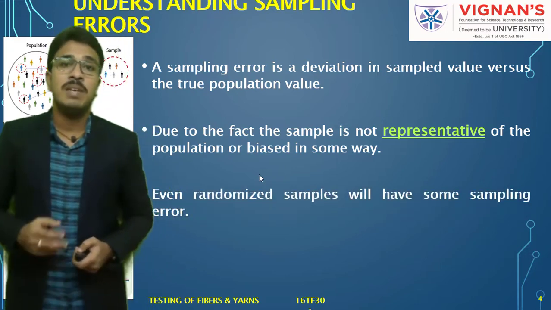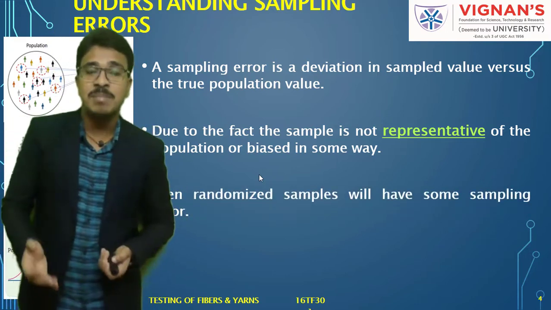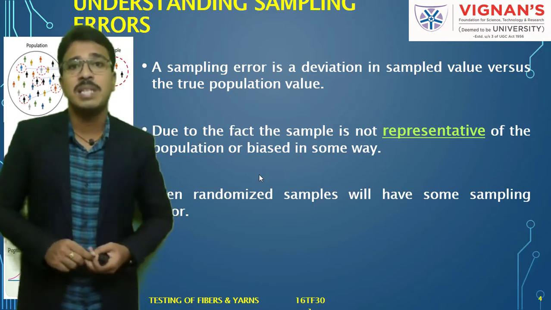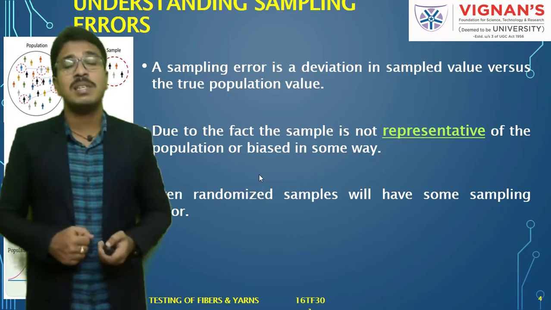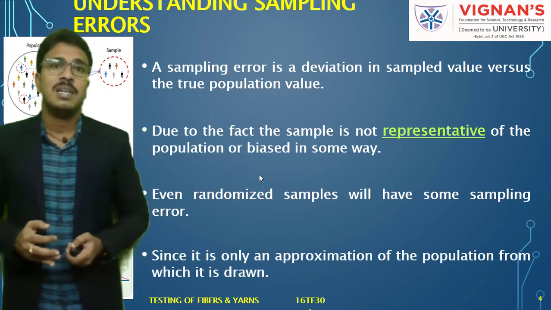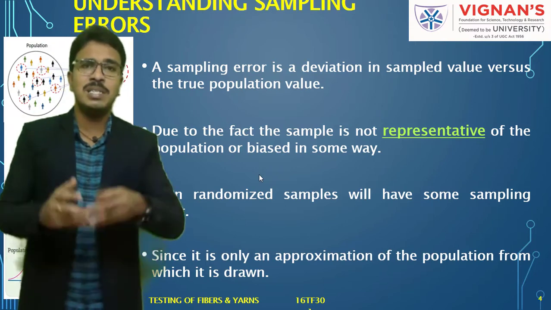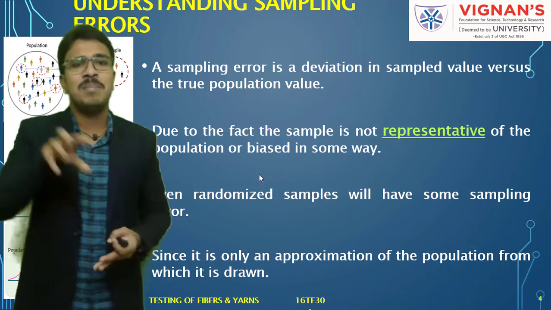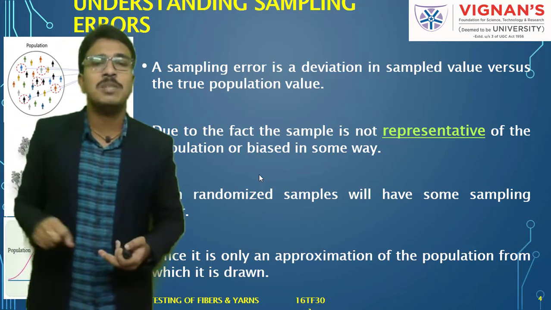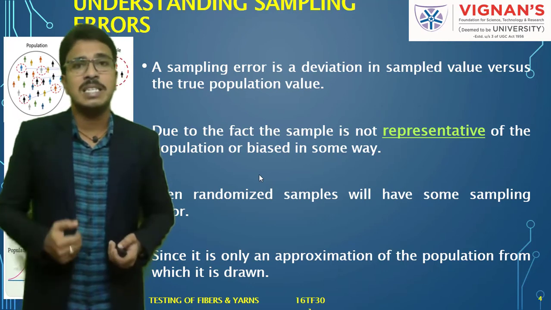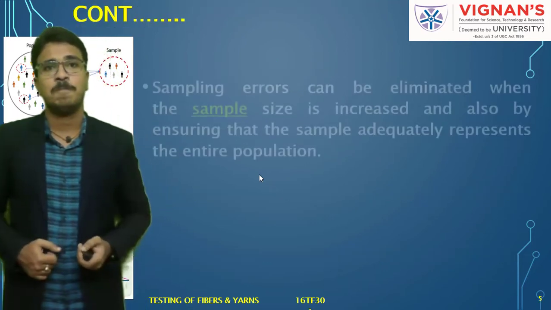Even this random sample we are talking about, which is a good way of doing sampling, also has some sampling error. Again, in random sampling you are picking from random places only and approximately, so there are certain chances of errors there.